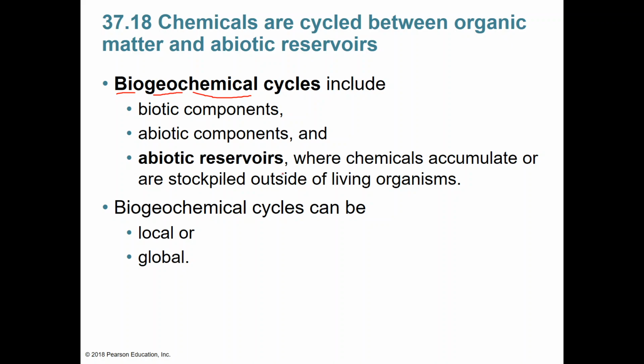Those abiotic components have to come from somewhere. We've talked a little bit about how organic matter is cycled, but we have to be able to get those chemical components from somewhere. So we refer to those as abiotic reservoirs. It's where those chemicals are stockpiled outside of living organisms, and how those reservoirs are then available to living things.